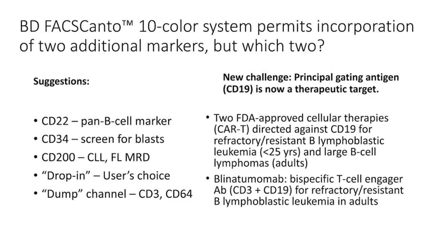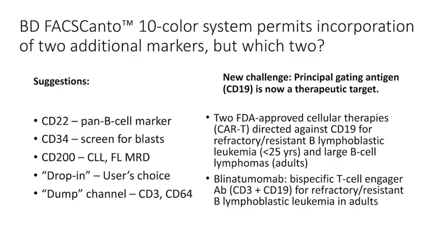Besides the cellular therapies, we have a bispecific T-cell engager antibody called blinatumomab, which also targets CD19 in conjunction with CD3, bringing the 2 cells in juxtaposition. And this has been approved for refractory resistant B lymphoblastic leukemia in adults.